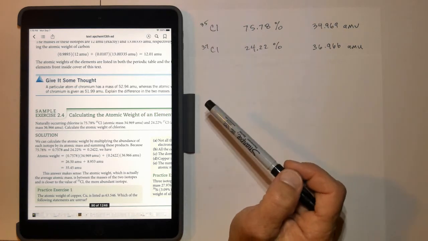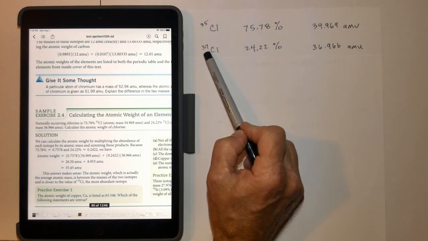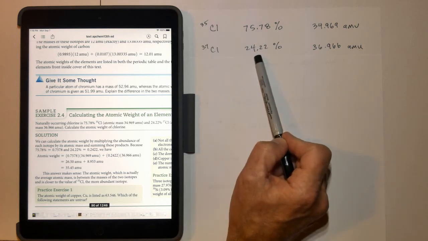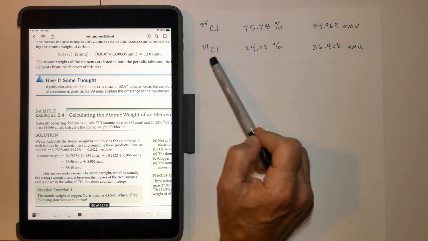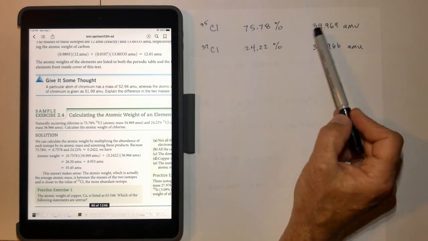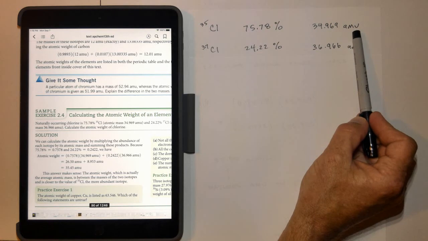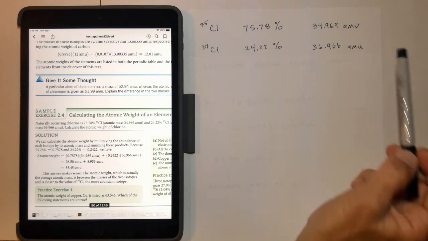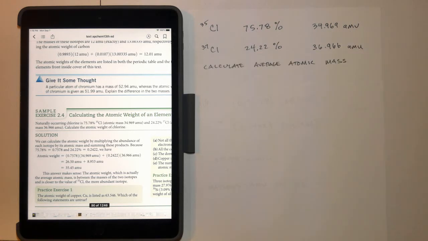There is also an isotope known as chlorine 37, and about 24% of naturally occurring chlorine is this isotope. Each of these has an exact atomic mass in AMUs. Now, if we wanted to know the average atomic mass, or the relative atomic mass, the average over a large sample of them, we would calculate what's called a weighted average.